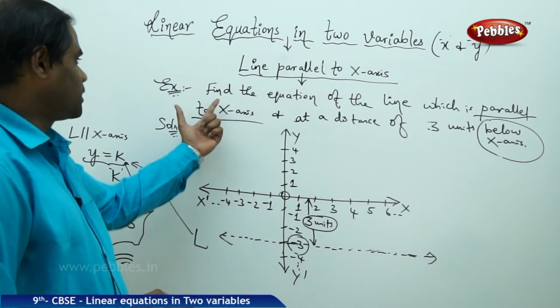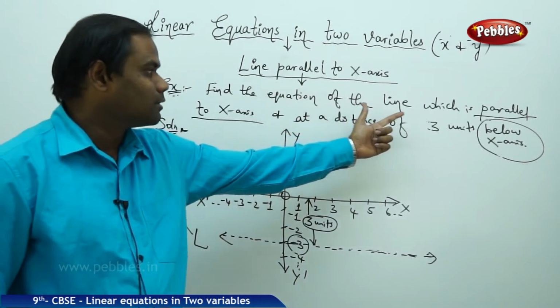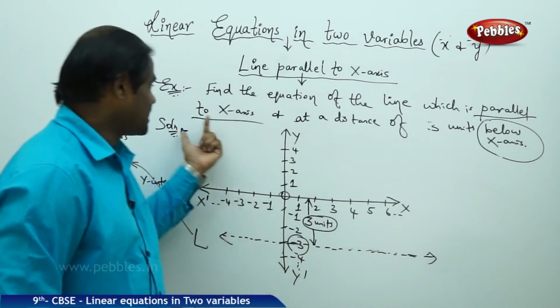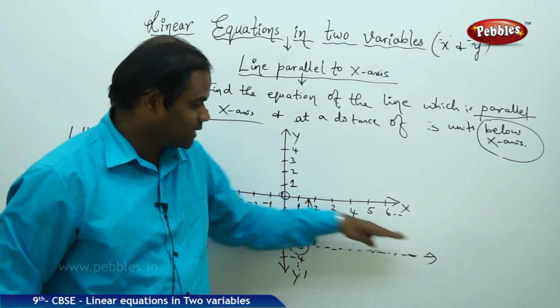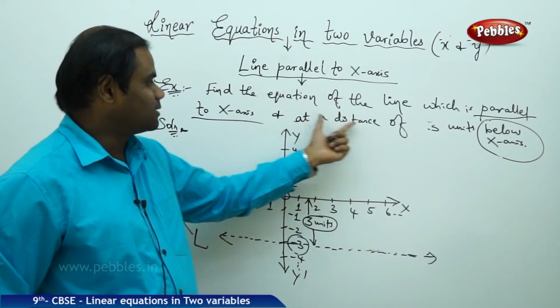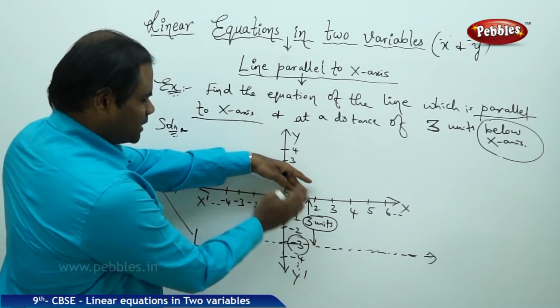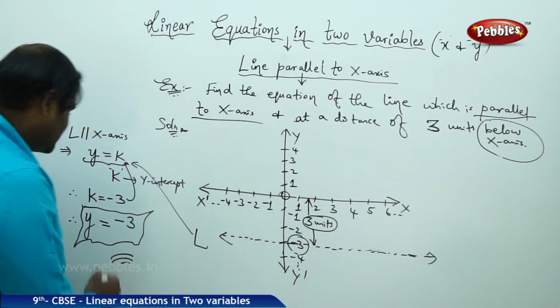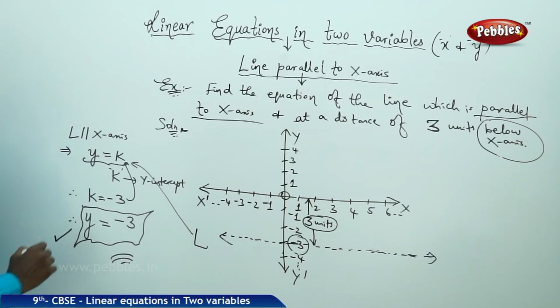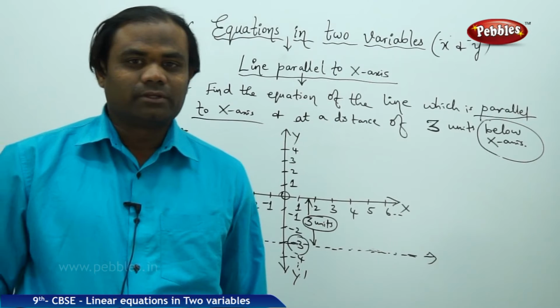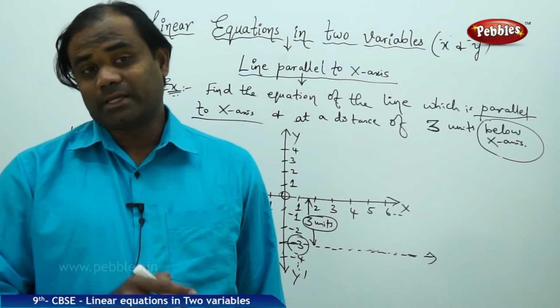Therefore, for the given question, the equation of the line which is parallel to x-axis and at a distance of 3 units below x-axis is y equals minus 3. That is how I conclude with the line parallel to x-axis.